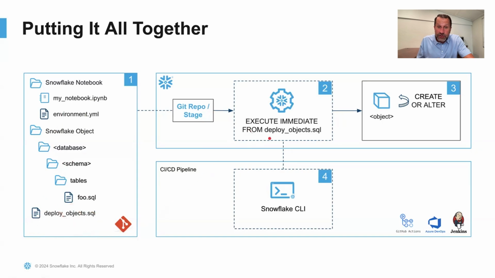And we can use the EXECUTE IMMEDIATE command in Snowflake to actually run the contents of those SQL scripts, which can basically deploy or create or alter, create or replace those various objects. That whole process can be run manually, but also for production or automated deployments, you can use the Snowflake CLI to help with that. And the demo will show this all working end to end.